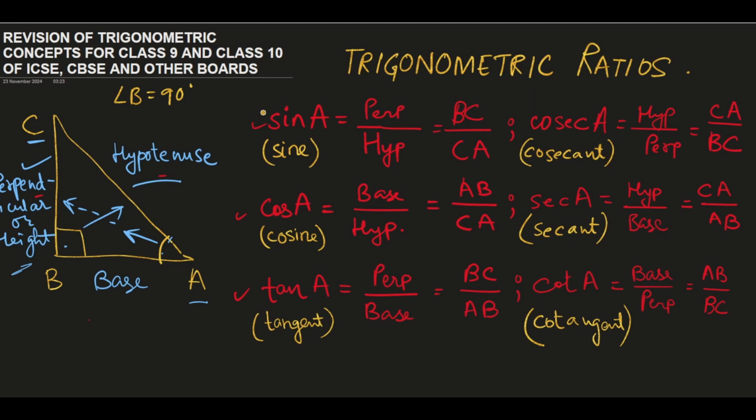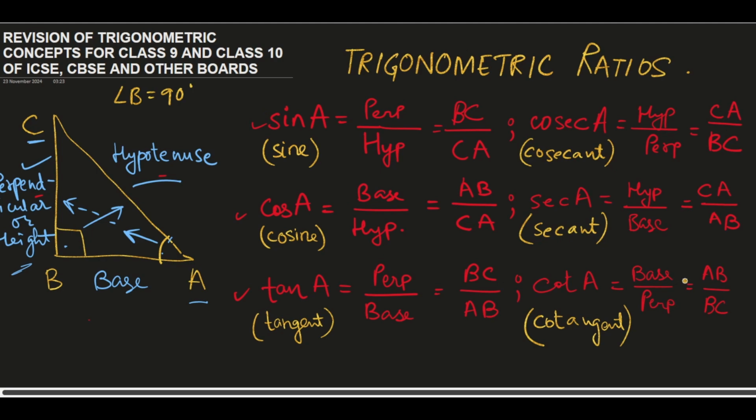Now there are certain mnemonics, better to say short forms, or a small rhyme to remember all these ratios. There are many rhymes available on the internet. I will just tell you one or two. You can choose one of them, or you can make your own.